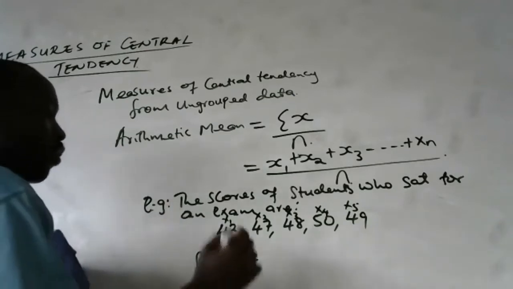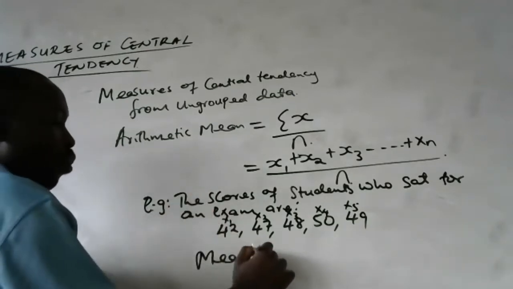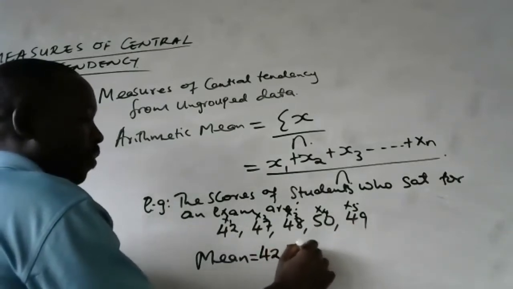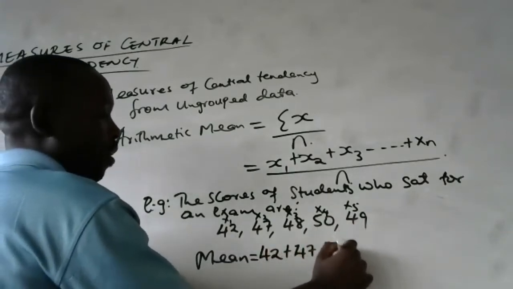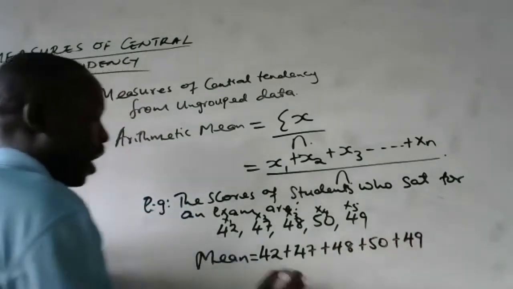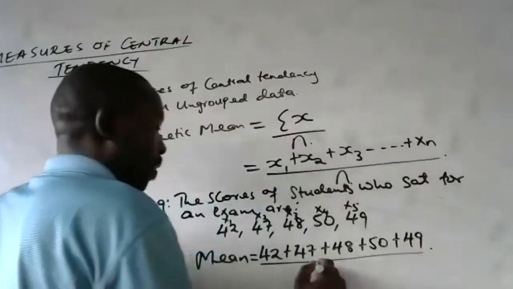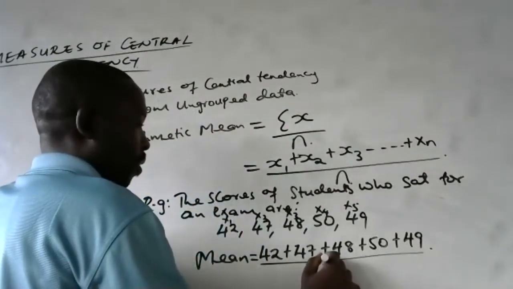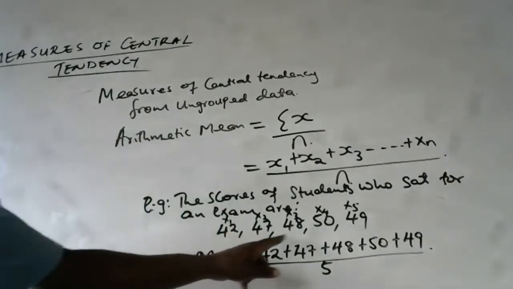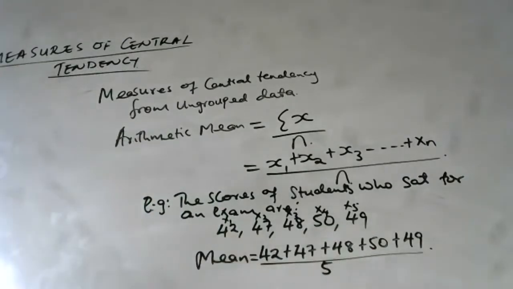So the mean will be equal to the sum of these x, 42 plus 47 plus 48 plus 50 plus 49, then we divide by 5, because we had 5 values. And that one will give you the mean.